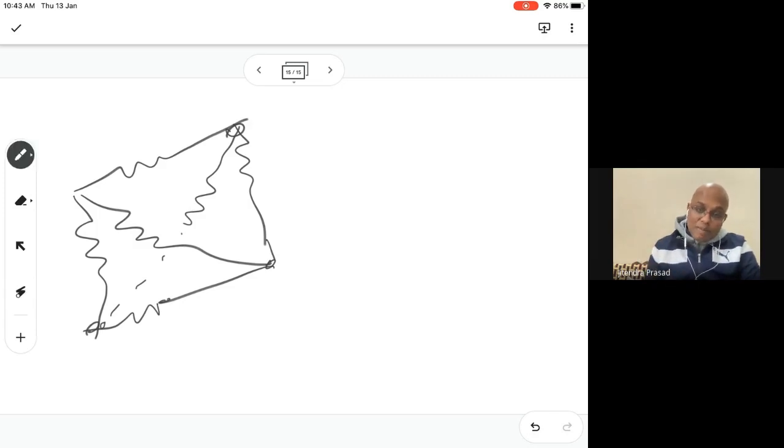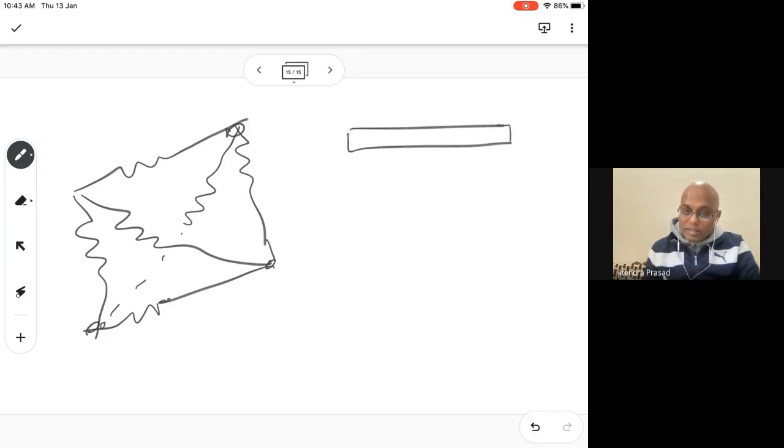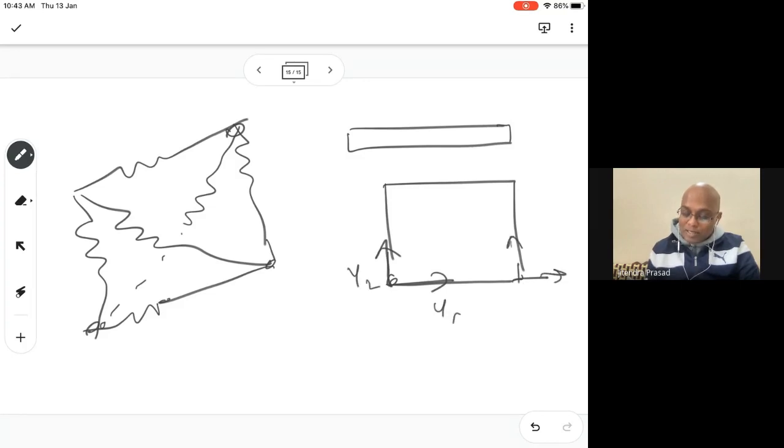However, what you are saying, in case the variables are vectors, things will be different. Let's say we are talking about bars. When you are talking about plates, things will be different. Then you will have two displacements, U1 and U2, and this we will learn later on. Right now, we will concentrate on 1D only.